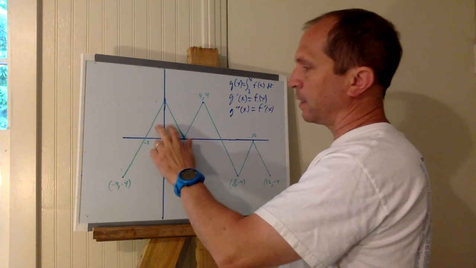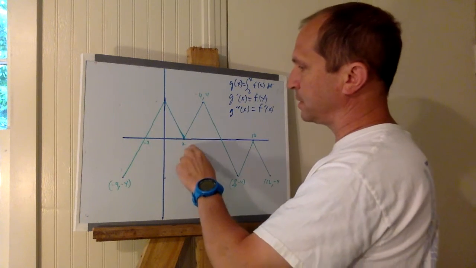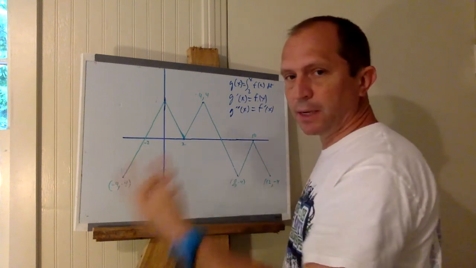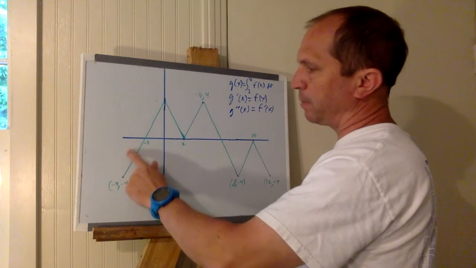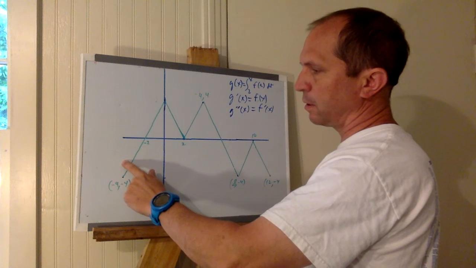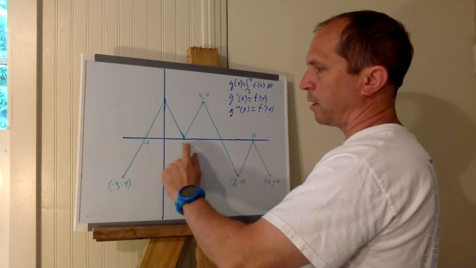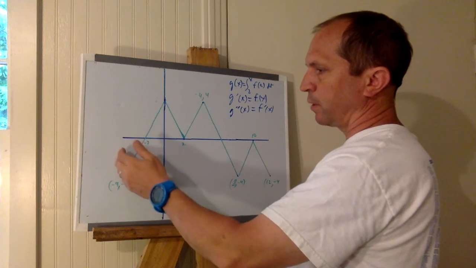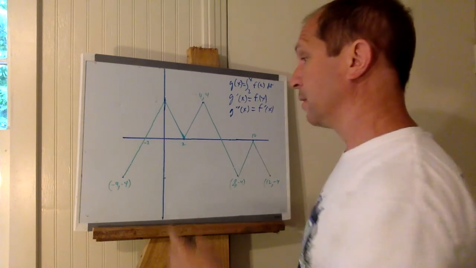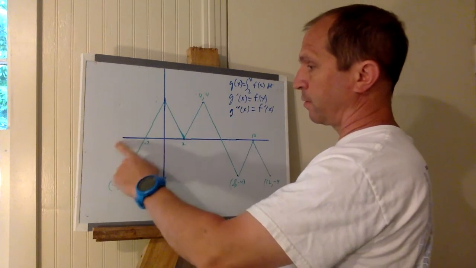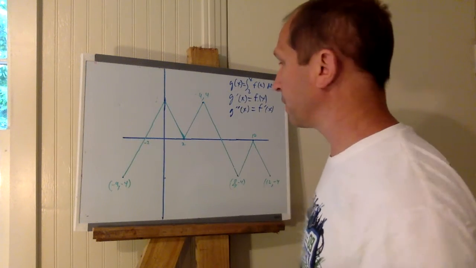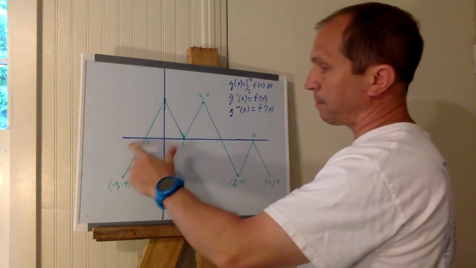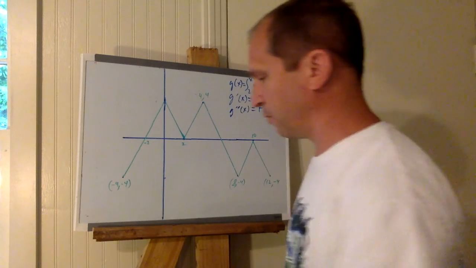So g of negative 2 would be negative 8. Since we are going right to left and we are below the x-axis, the area from negative 4 to negative 2 would be positive 4. So we have negative 8 plus 4, which would be negative 4. So g of negative 4 is negative 4.